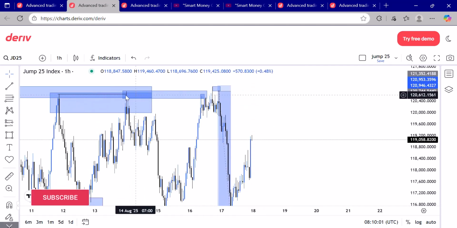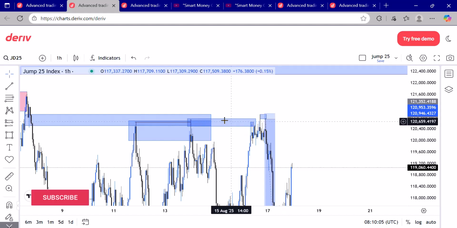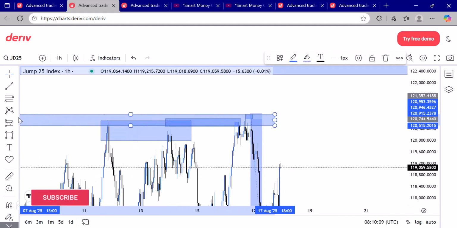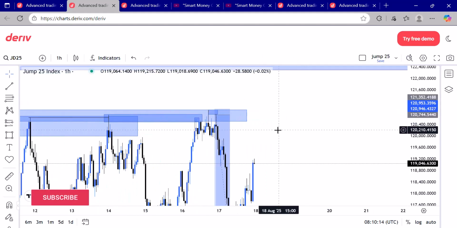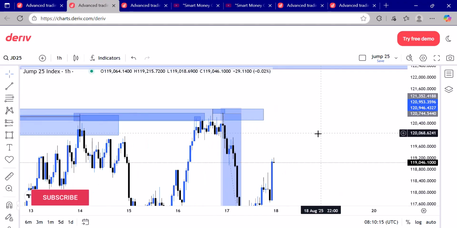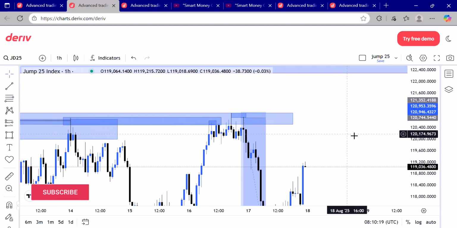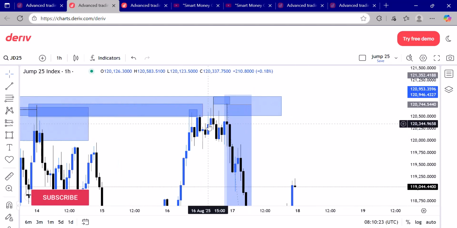So what happened here? We discovered that at this zone we saw some days ago, this particular zone. What made us enter this trade? It was because of this rejection we are seeing in this zone. This was a massive rejection.